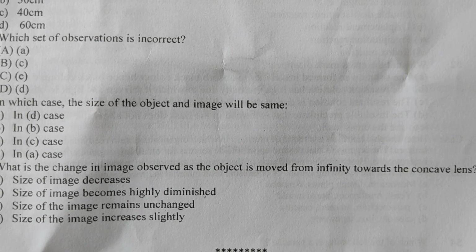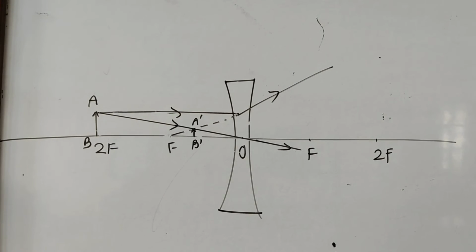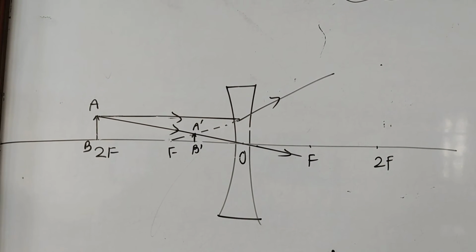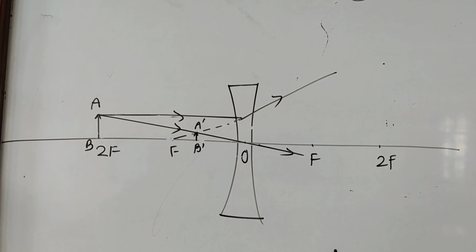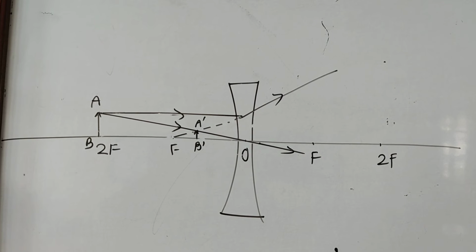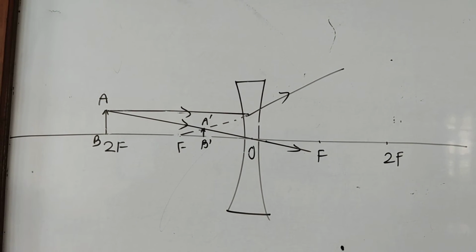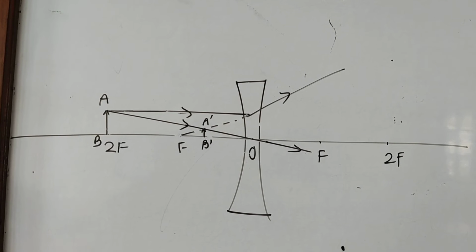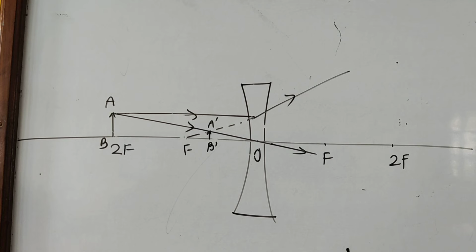Let us try to get the correct answer now. In this case, actually, there is no need to draw the ray diagram and get the answer, because you already know that when the object is at infinity, the image is virtual, erect and highly diminished, a point size image formed at focus. And when the object is placed in front of a concave lens, anywhere, in the diagram I have placed it at 2F.